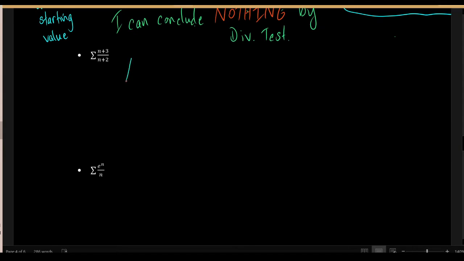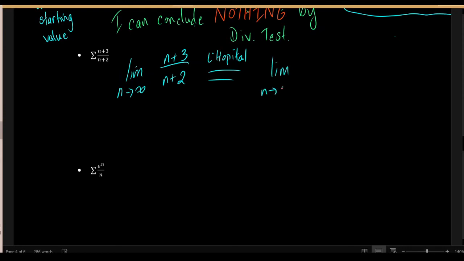So in this case, if we consider the limit of the sequence that we're summing up, we can apply L'Hopital's rule, take the derivative of the numerator, take the derivative of the denominator, and we get the number 1. The terms in this sequence approach the number 1, which is not 0.